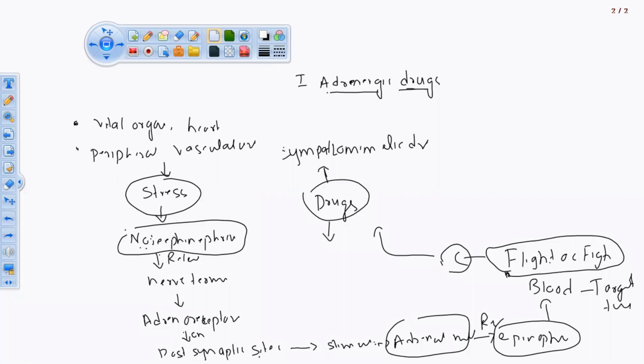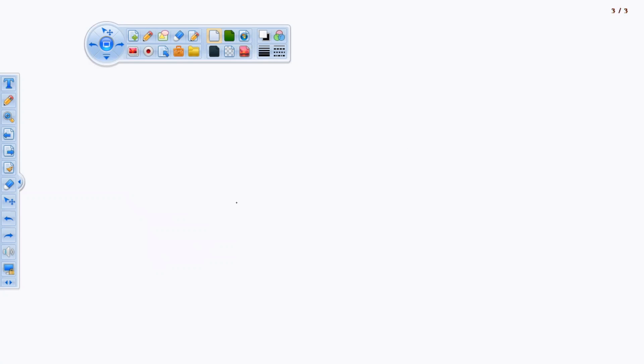So the drugs which mimic this system are called sympathomimetic drugs or adrenergic drugs. These drugs work on 5 kinds of mechanism of action.